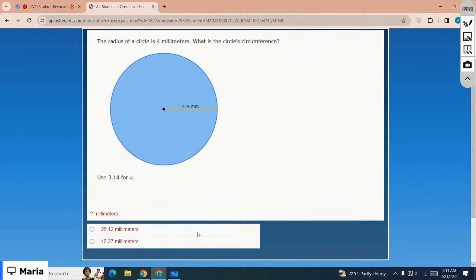You just have to multiply, right? 4 times 4 times 3.14. So the correct option is 25.12, that is option number 1.